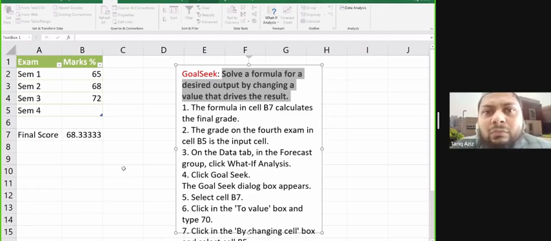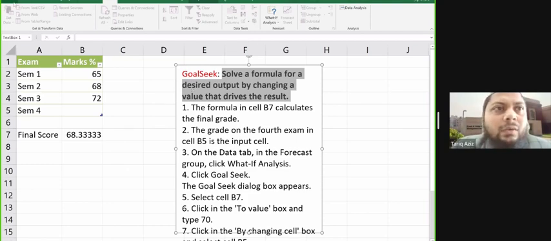One way to solve this problem is the trial and error method, where we can try several numbers in the fourth semester. But using the spreadsheet function named goal seek, we can solve this problem.